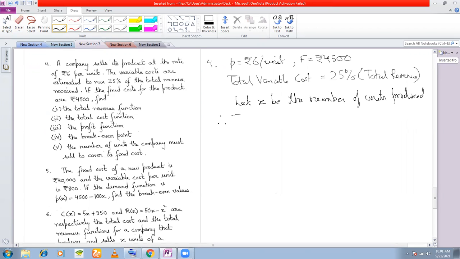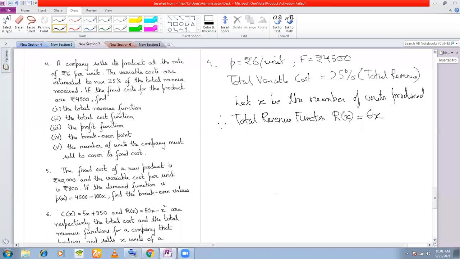Therefore, total revenue function R(X) is equal to price per unit, which is 6, times number of units produced, X. So 6X is the total revenue.